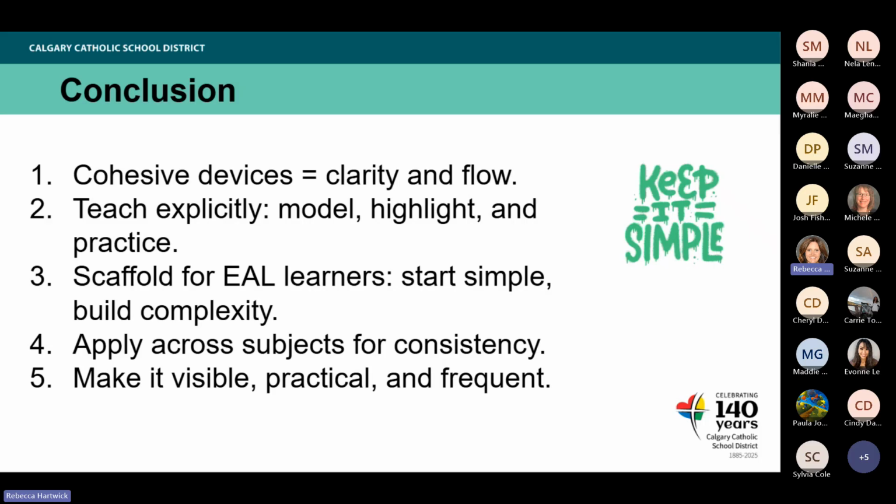I know for students in junior high and high school where they see multiple different teachers, you can do what you can in your class, but encourage use of them in all subjects. And if cohesive devices are visible and practical and used frequently, they're more likely to be used moving forward.